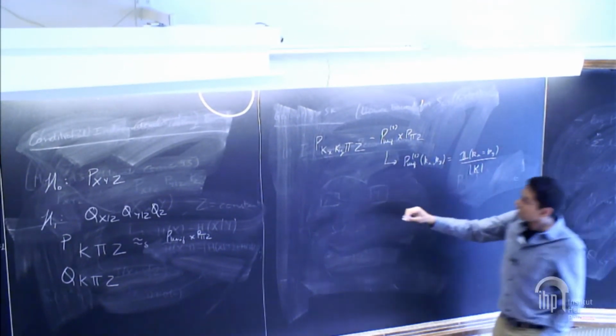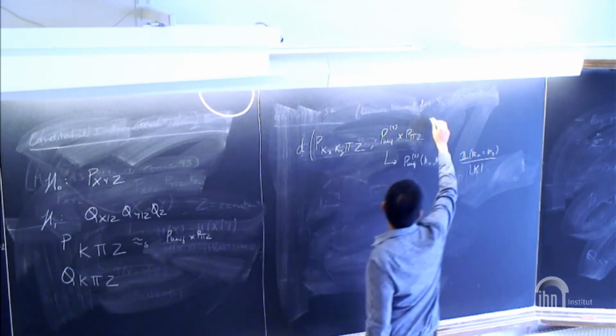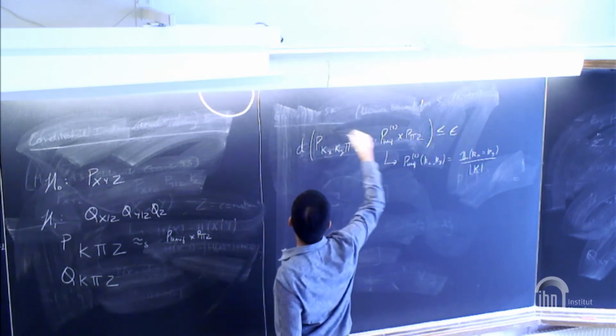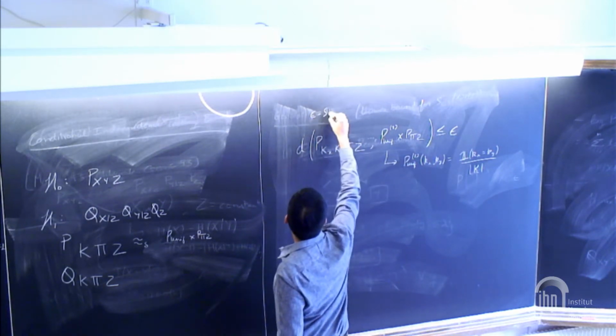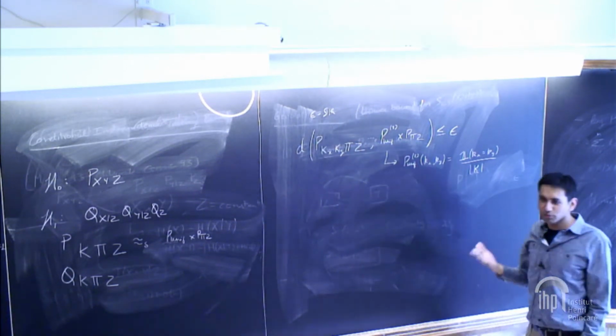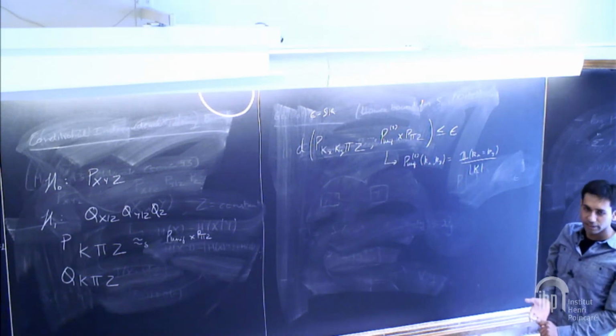So I want this distance to be less than or equal to epsilon, and I'll call such a kx, ky an epsilon secret key. This is a new definition. It combines recoverability and secrecy the way we had it into a single thing.